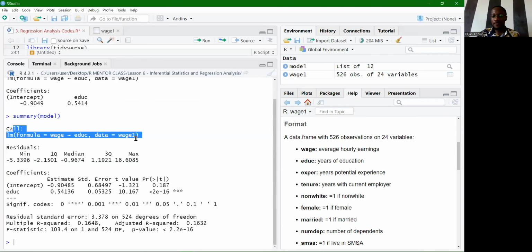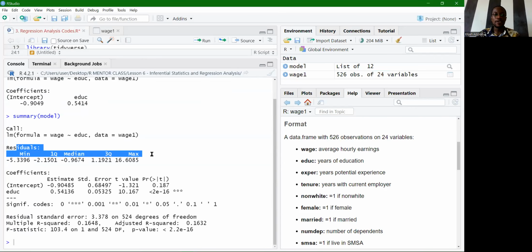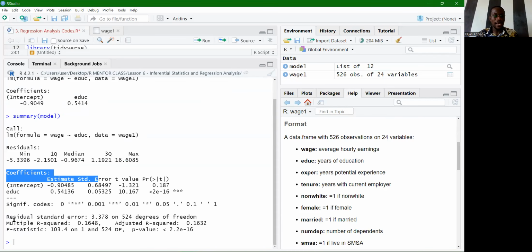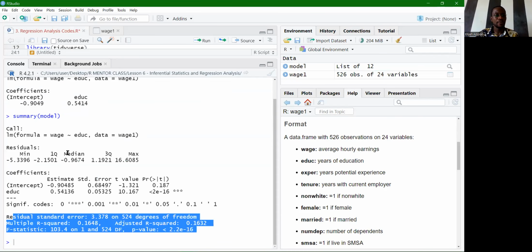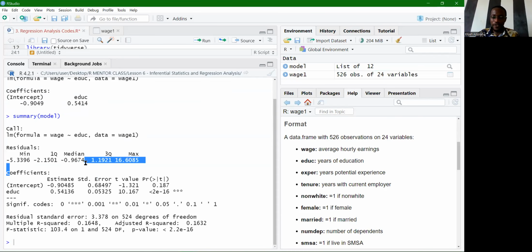So we have a call to the formula that we've used. It gives you the distribution of the error term, the residuals. But the most important part is the coefficients and all the other information that we find down here. So from the coefficients, this is the estimate that we had for the intercept, this is the slope. So let's look at the p-value.